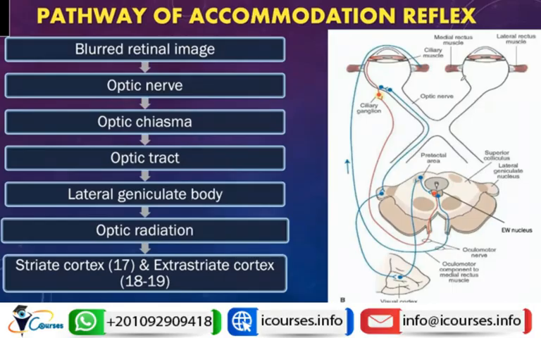The second reflex will be more or less similar to the convergence reflex, which is the accommodation reflex. Again, the accommodation reflex is stimulated by blurred retinal image. So the impulses will pass through the optic nerve, optic chiasma, optic tract, lateral geniculate body again, optic radiation, and striate cortex, and extrastriate cortex.